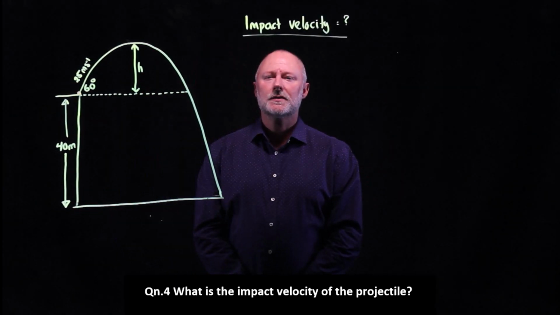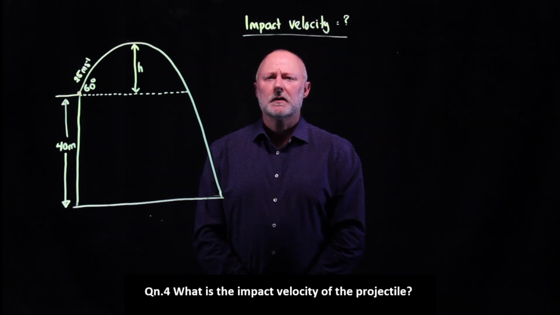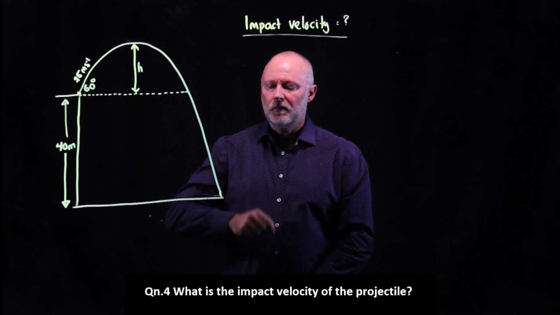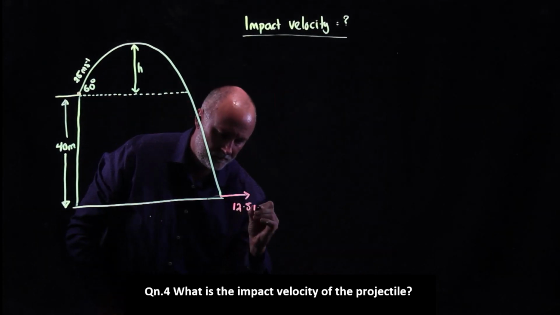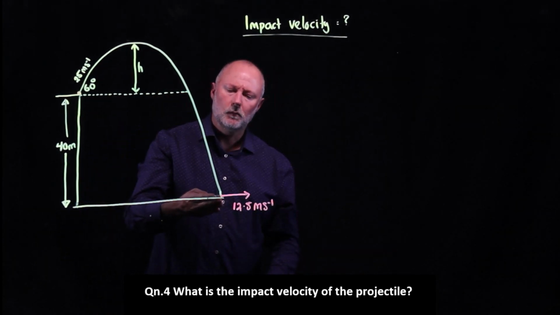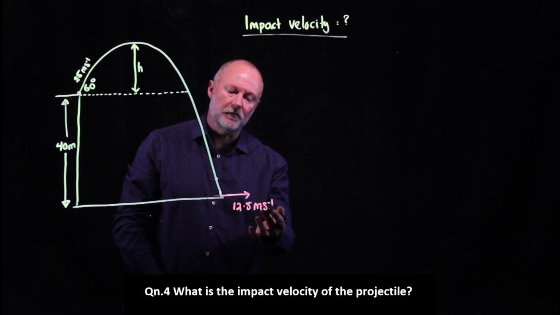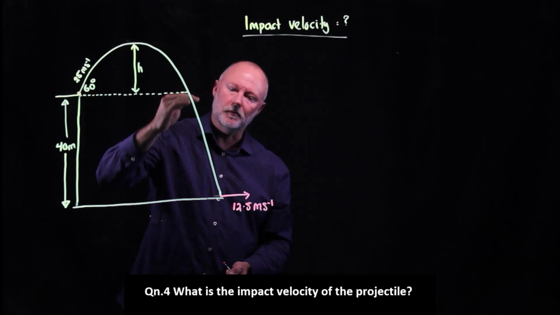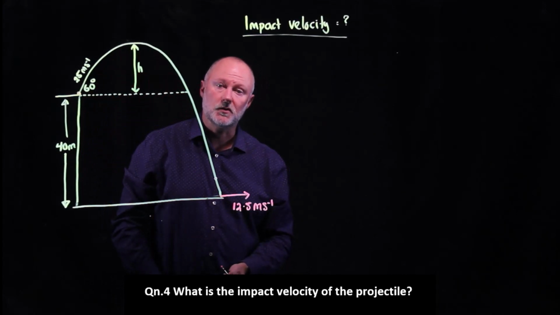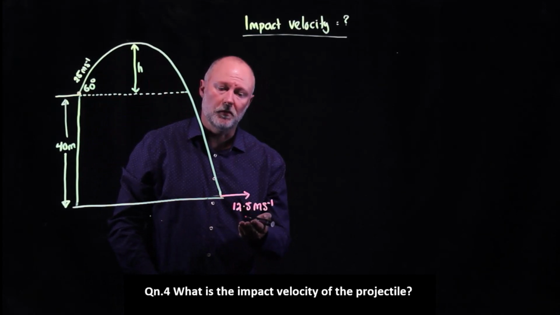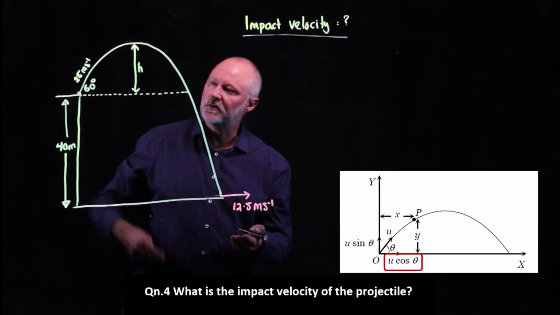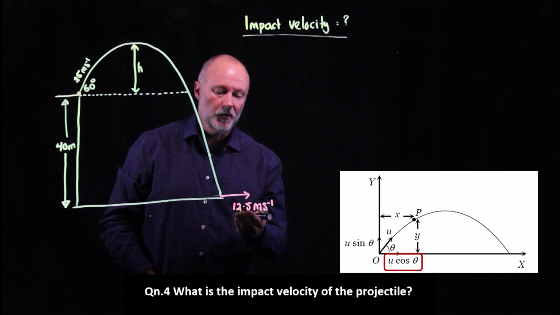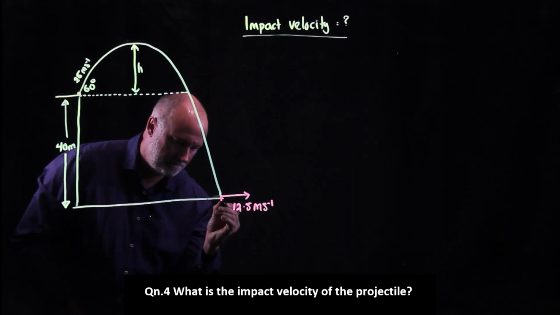Okay, our final question asks us to calculate the impact velocity. So our projectile has shot and impacted the ground. Upon the impact, we have a horizontal velocity of 12.5 meters per second. In fact, that's the horizontal component of the velocity everywhere in this projection. It's a constant, 12.5. It comes from the initial velocity, 25 meters per second, multiplied by the cosine of the angle 60, 12.5 meters per second.